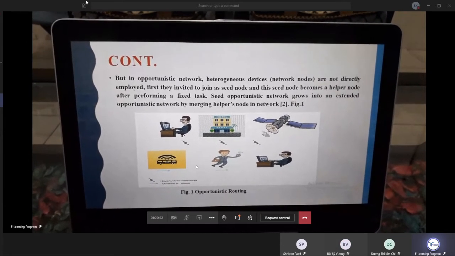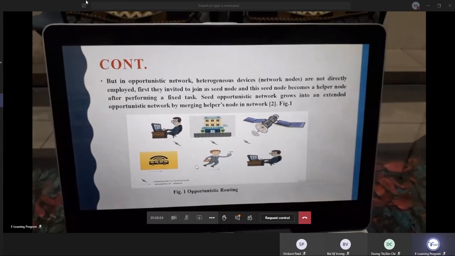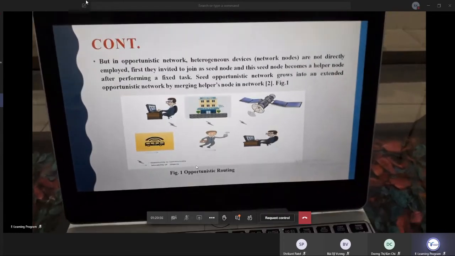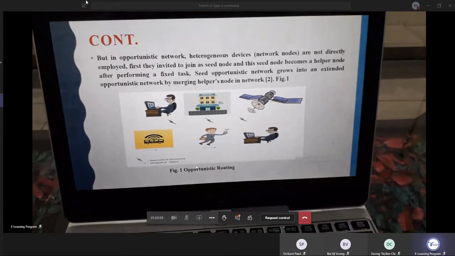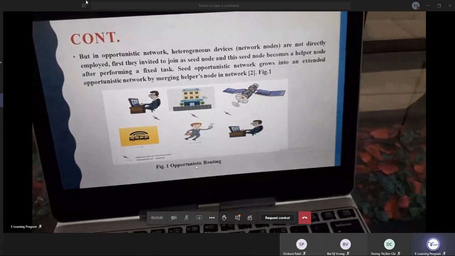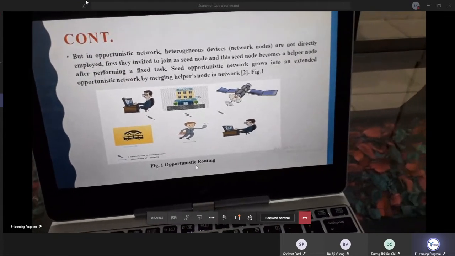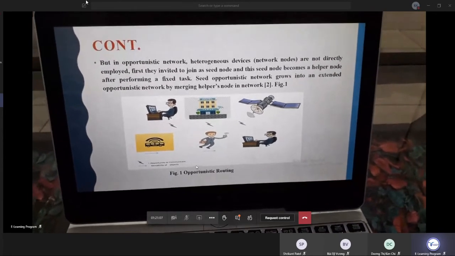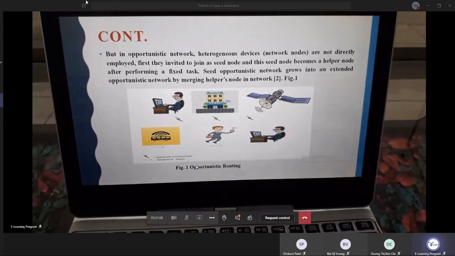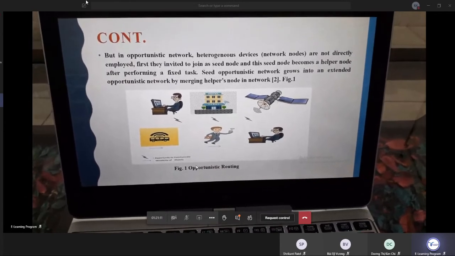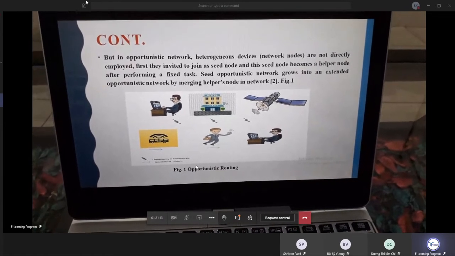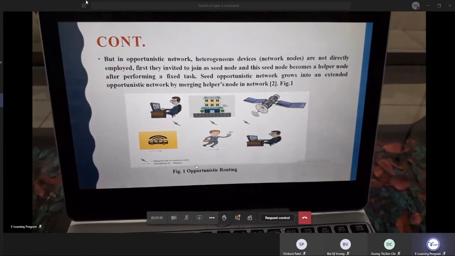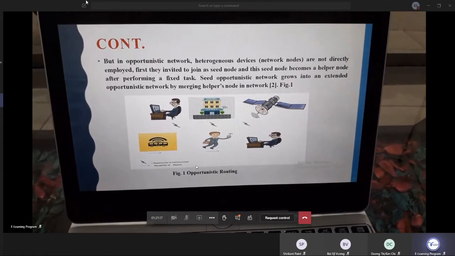First, they are invited to join as seed nodes, and these seed nodes become helper nodes. After performing a task, the seed opportunistic network grows into an extended opportunistic network by merging helper nodes into the network.